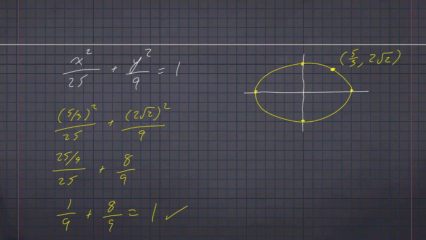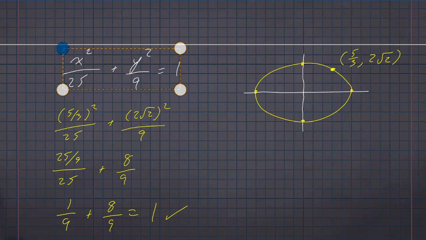So we know we have a point on the ellipse, which means that we should be able to find the equation of the line tangent to the ellipse at that point. And we will do so using implicit differentiation. So let's grab this equation.